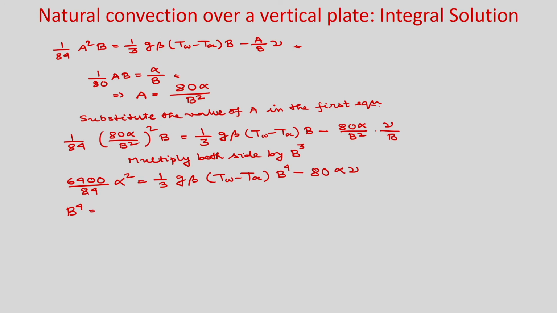If you see, it will come almost 76.19. So, we are writing 76.19. So, b to the power 4 you will get 80 alpha square nu by alpha after rearrangement: 76.19 divided by 80, 3 nu square, divided by g beta (T w minus T infinity) into 1 by nu square.